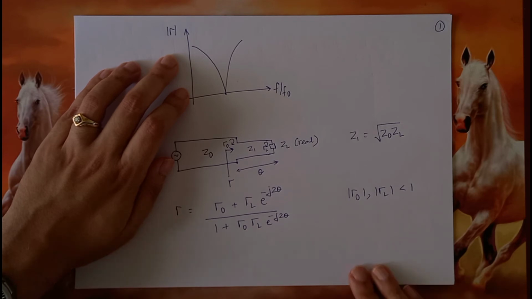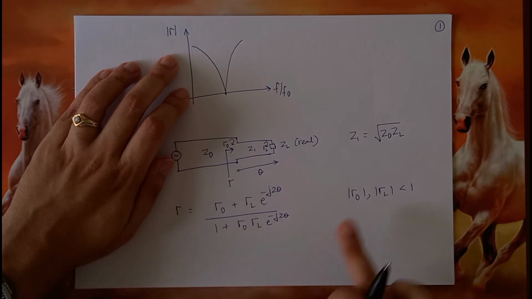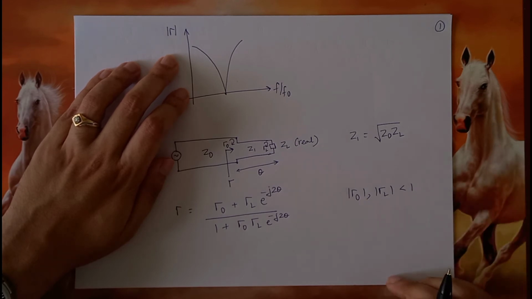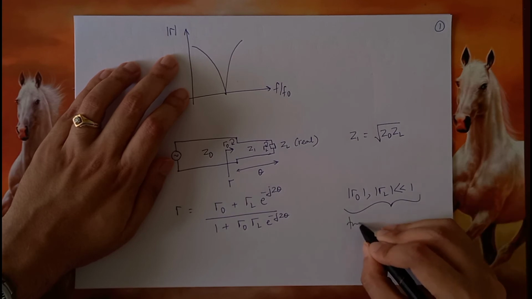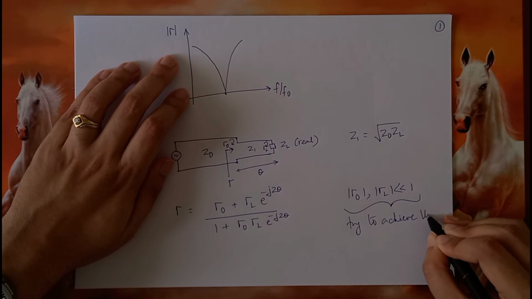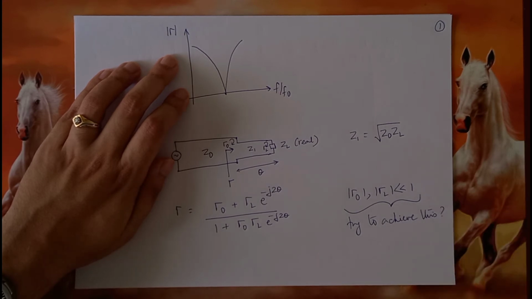So to further solidify our approach, we have to ask ourselves whether we can make these gamma 0 and gamma L magnitudes much less than 1. Shall we try to achieve this?